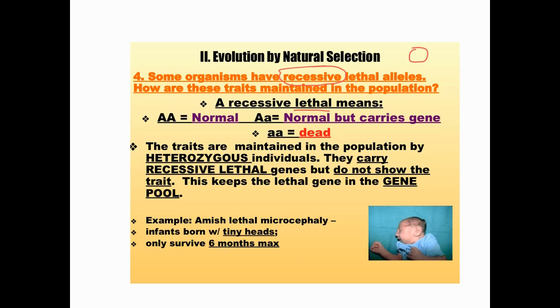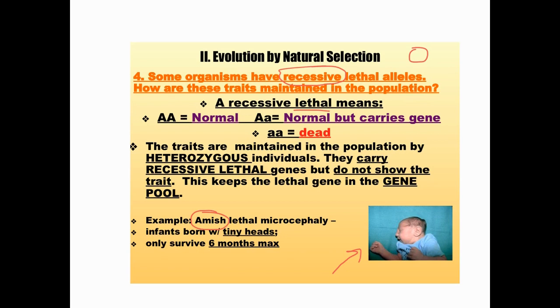So, one example of this is Amish lethal microcephaly, which means you're born with a really, really small head. It's called Amish because it is common in the Amish community. It's even extremely rare in Amish, but in the regular population that's not Amish, it's basically unheard of.